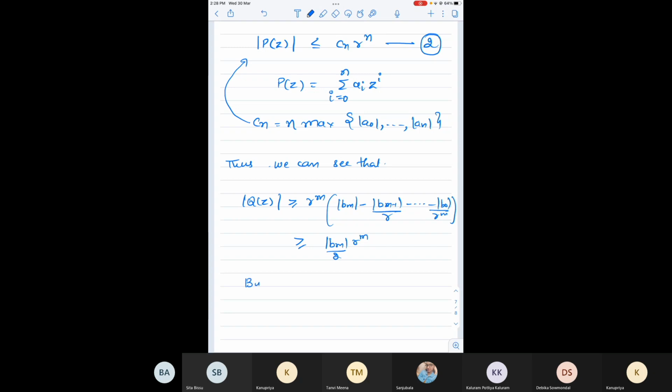Now we can apply the ML inequality to the integral.